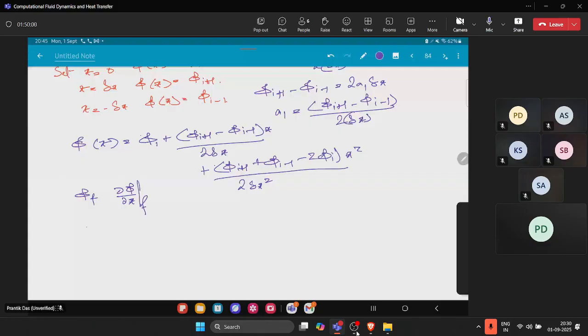So since I have to find out the value of the variable at the surface, phi I plus (phi I plus 1 minus phi I minus 1) divided by 2 delta x times delta x divided by 2 plus (phi I plus 1 plus phi I minus 1 minus 2 phi I) divided by 2 delta x square times delta x square divided by 4.